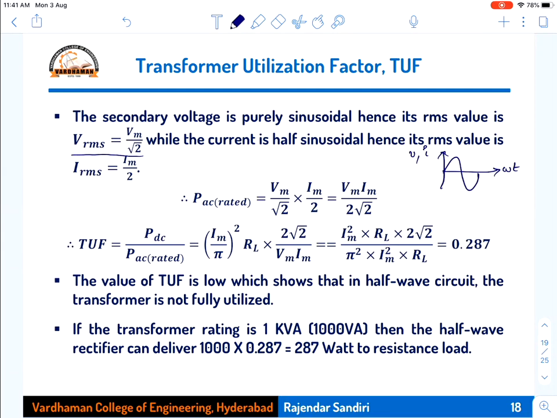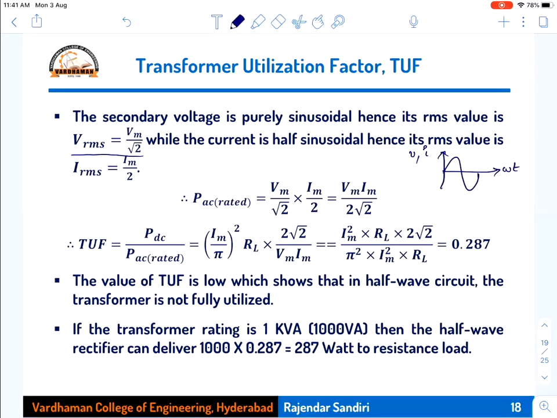So the input voltage is a full sine waveform, but when that input full sine waveform is applied to the rectifier circuit, what happens? The current will flow only for the half sine waveform, because for the other half the current will be zero since the diode is reverse biased.